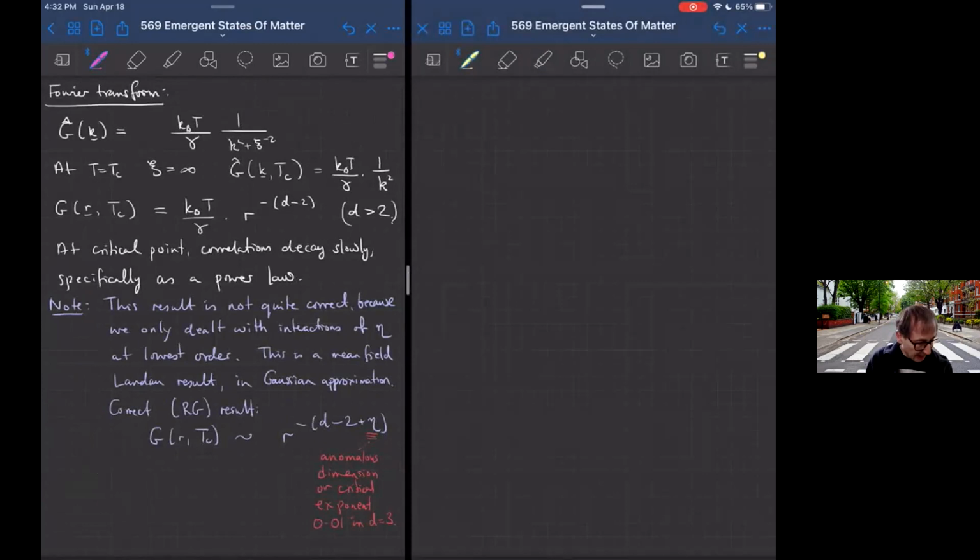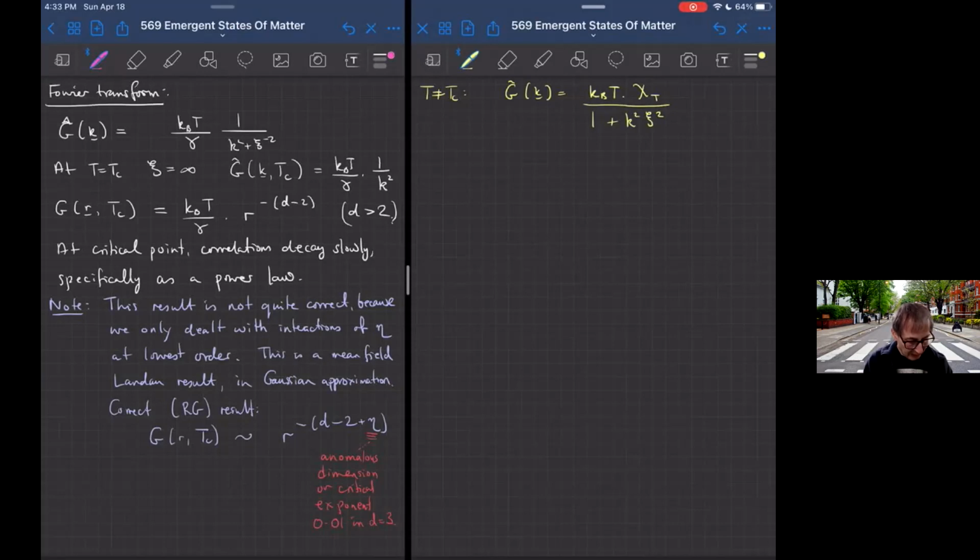Okay, so that's true exactly at Tc. Now, what about T not equal to Tc? Then what we have is that G of k is equal to kBT times the isothermal susceptibility, the static isothermal susceptibility from thermodynamics. So that's the long wavelength limit, and then over 1 plus k squared xi squared. I've just divided top and bottom and written it like this.